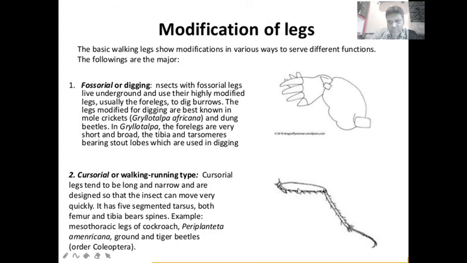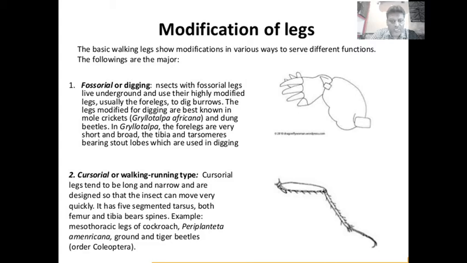You can see that femur and tibia are longer in size. Although they have all 6 parts, the tarsus has 5 segments. Both femur and tibia bear spines. You can see the spines. They help in walking like a cockroach.